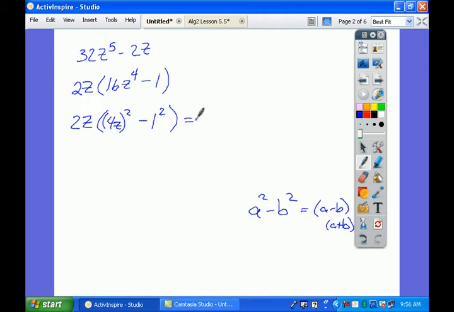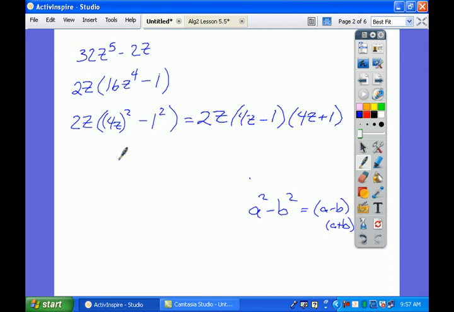So in this case, we will factor this to our original first term factor, 2z, and then it will be times 4z minus 1, 4z plus 1.